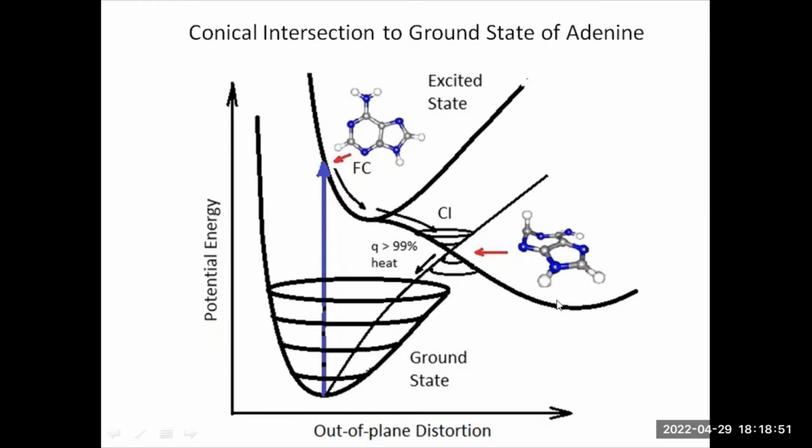And this is in fact the ground state of this deformed state, but we can go through this to lower energies. These are the potential energies until we get to a crossover point with the ground state. So when we have a degeneracy of energy, we can go from these vibrational states of the electronic excited state to the vibrational states of the electronic ground state, and rapidly to the electronic ground state.